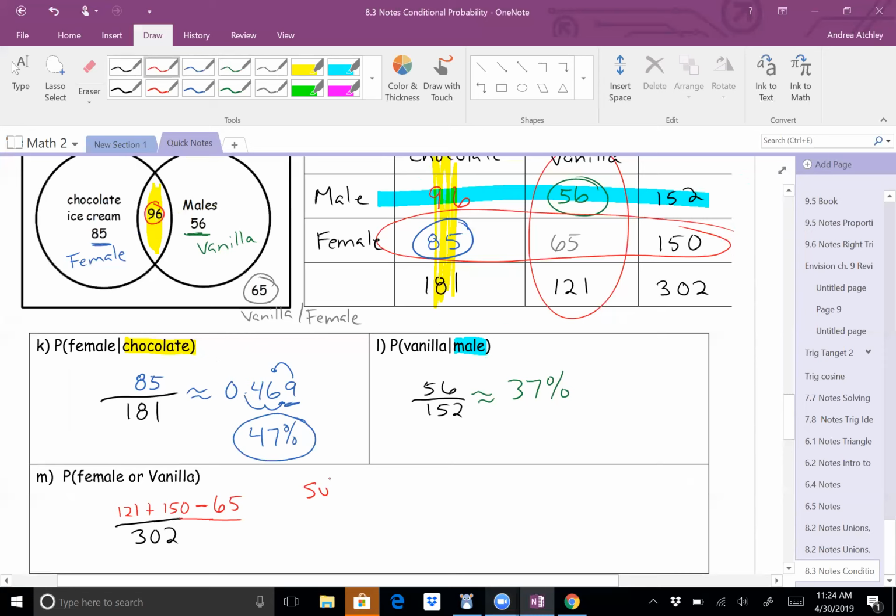Okay, so you're going to subtract the number that is in both. If you do not subtract that, then your answer will be wrong.